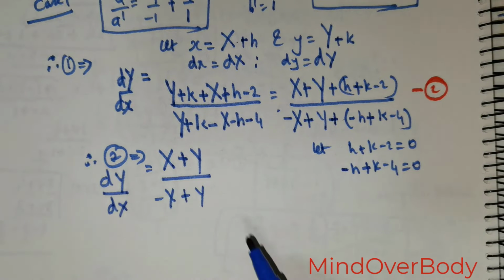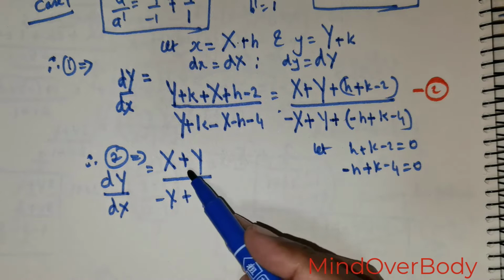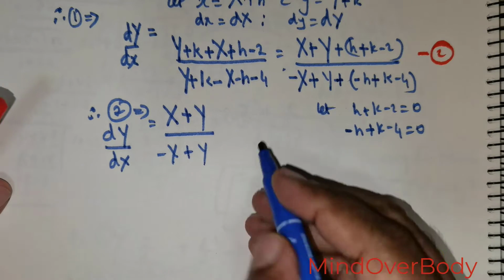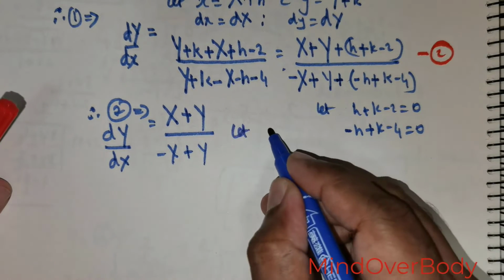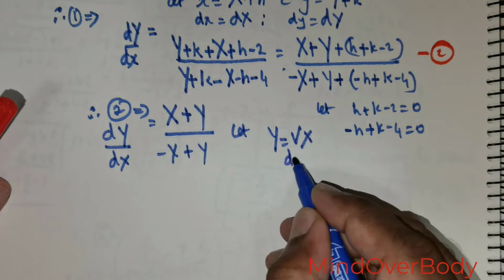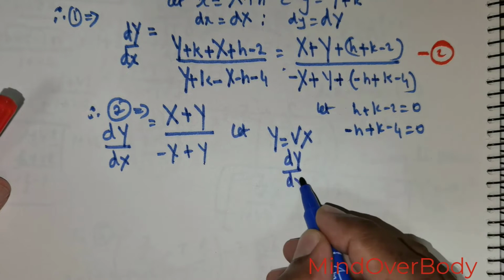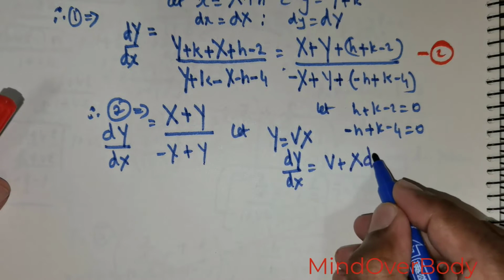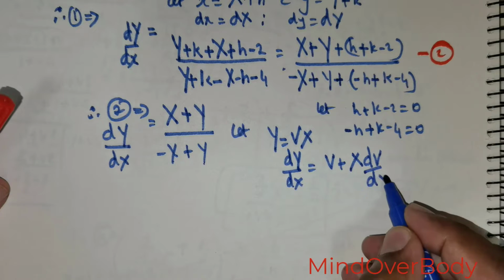Now the degree of the numerator is the same as the degree of the denominator, so it is homogeneous in nature. Having obtained that, let capital Y be equal to v times X. This would mean dY over dX is equal to v plus X times dv over dX.